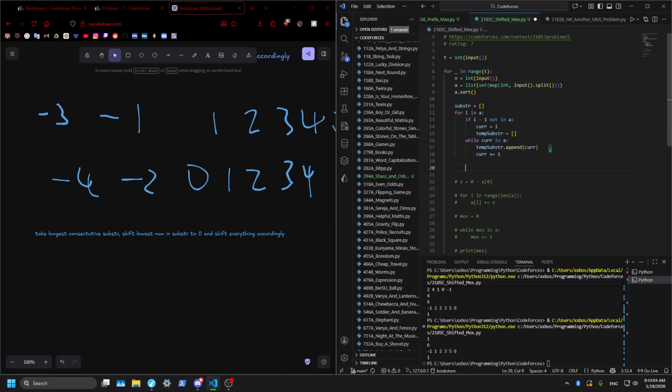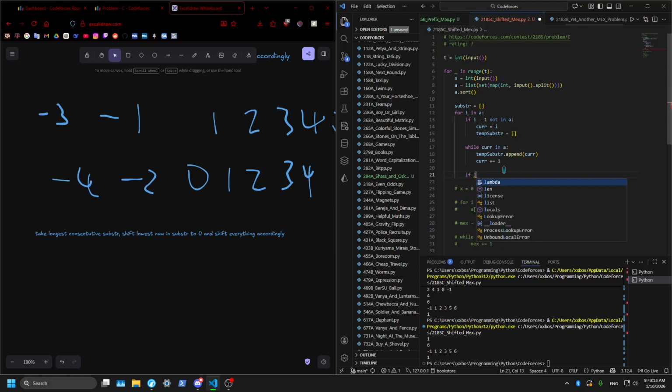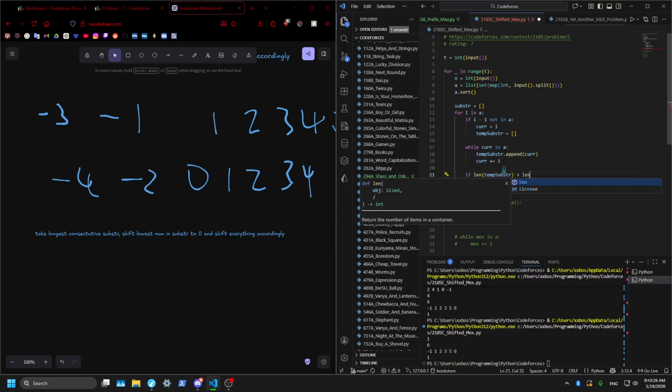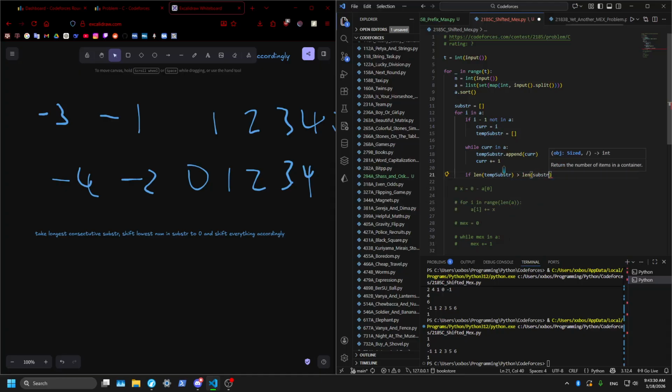If the length of temp substring is greater than the length of substring, then substring equals temp substring.